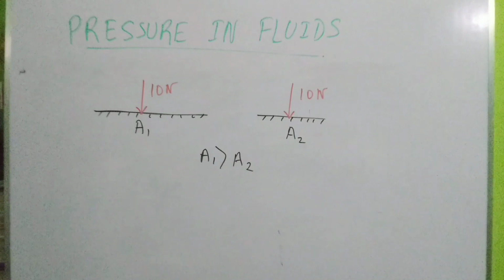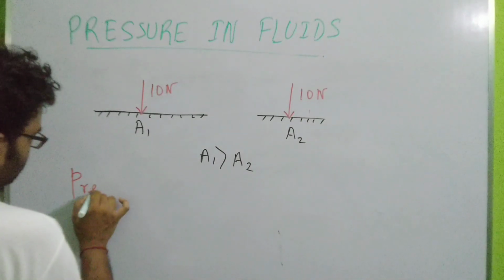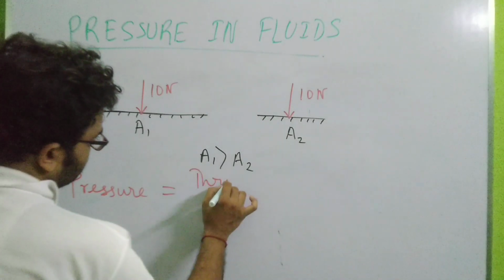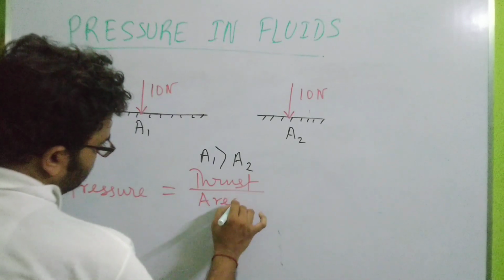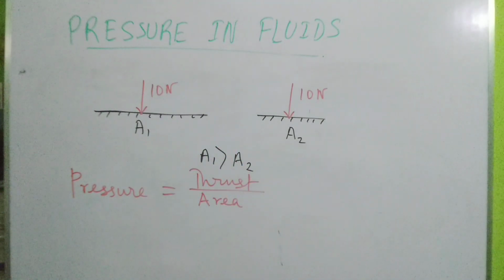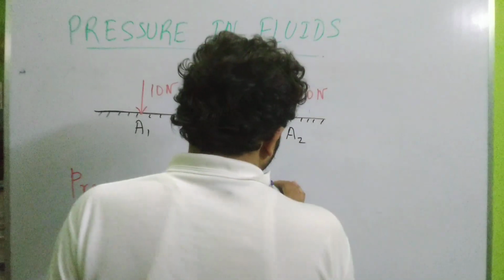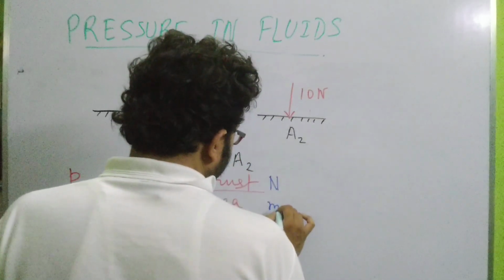So basically we can define pressure as the thrust acting per unit area. Thrust divided by the area upon which it is acting is the mathematical definition for pressure. Now thrust, as you know, has an SI unit of Newton, and area has an SI unit of meter square.